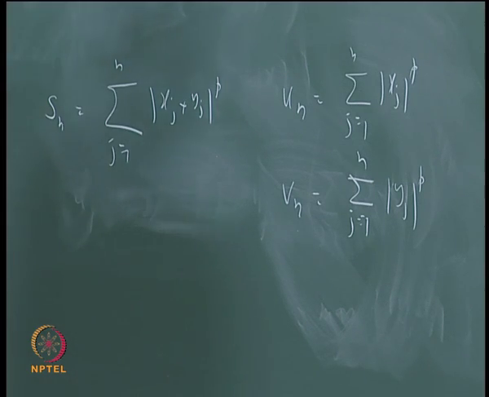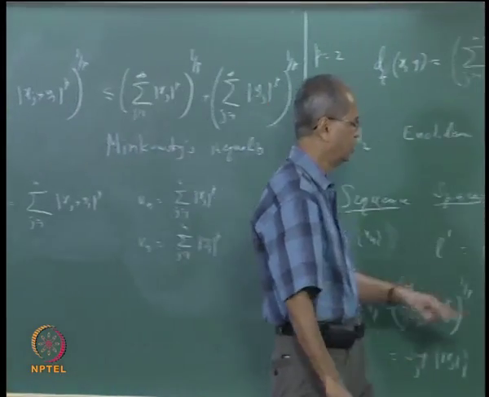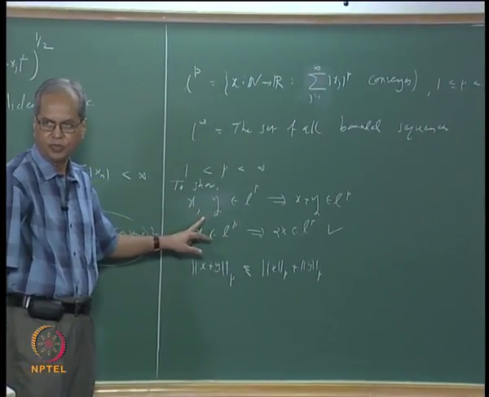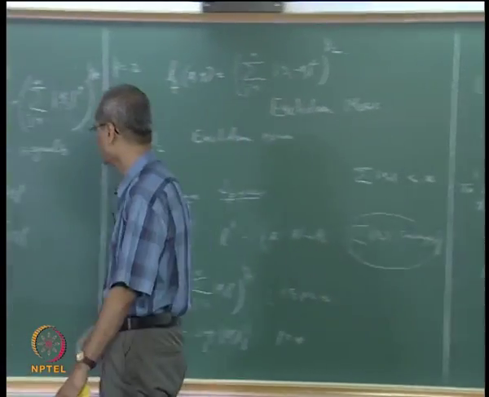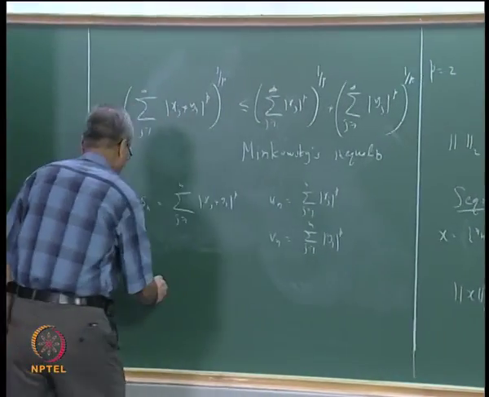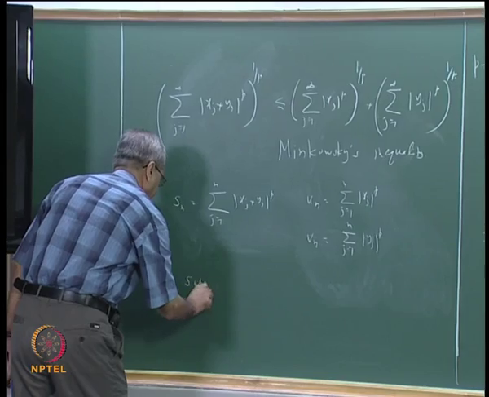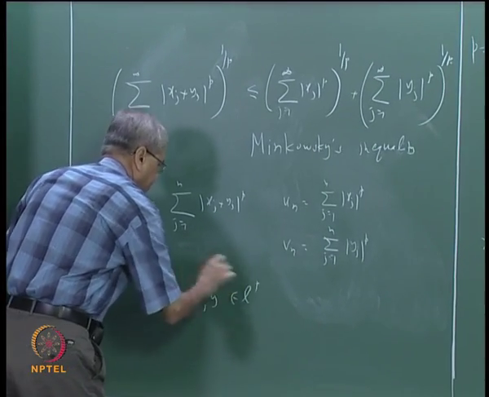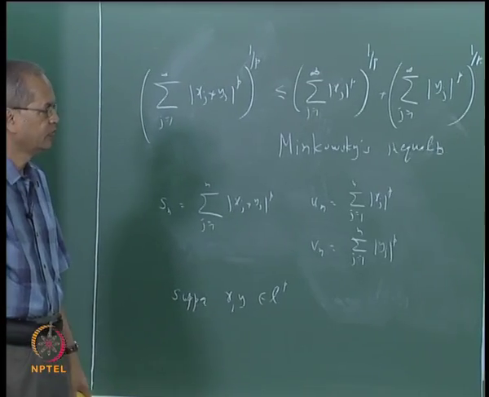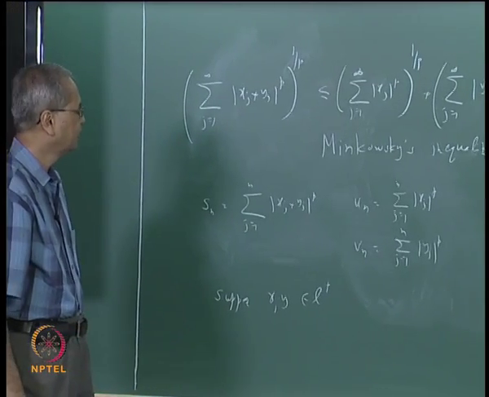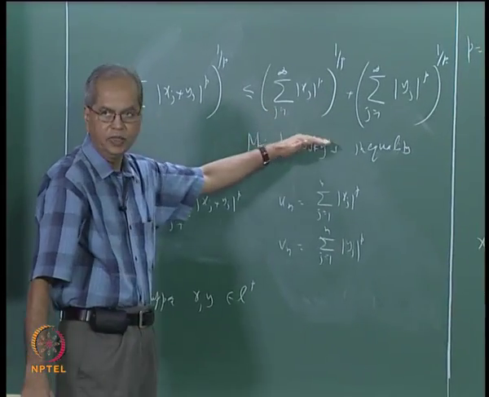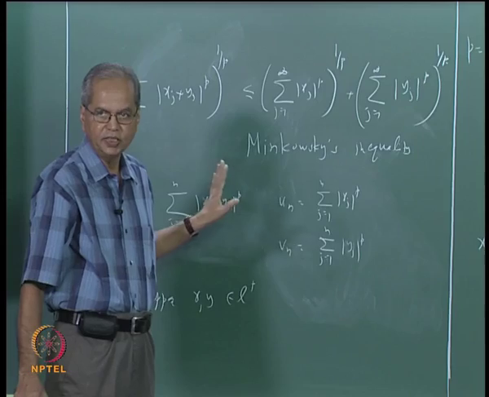Let us now look at this. Suppose x and y belong to lp. Then what does it mean? It means that sigma mod xj to the power p and sigma mod yj to the power p are convergent series.